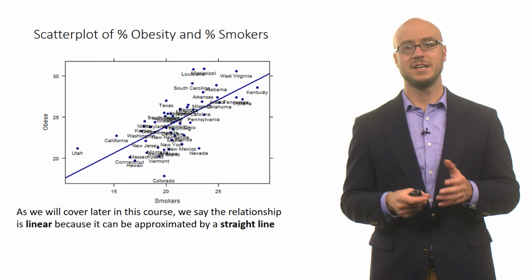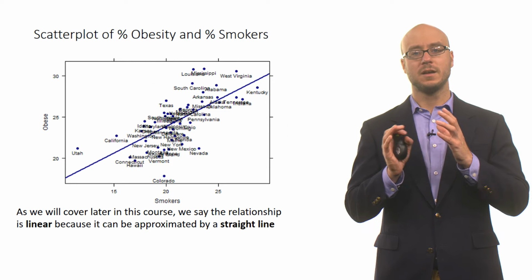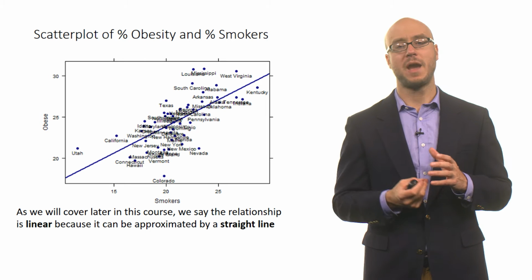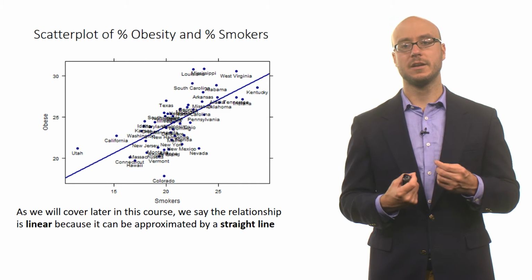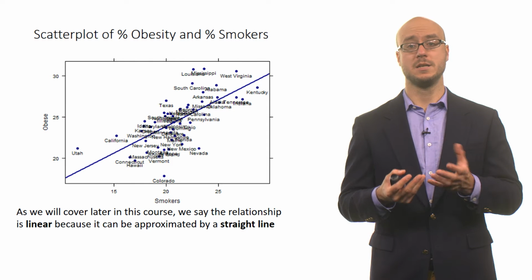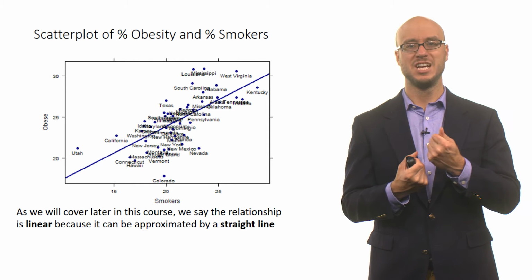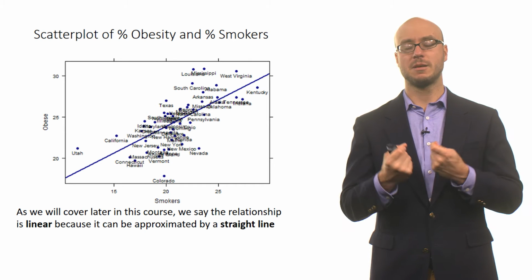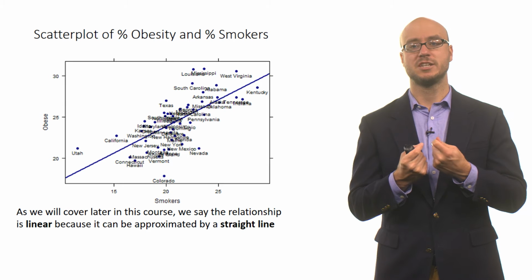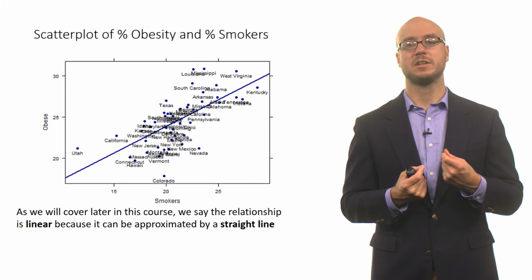You can almost imagine that in a rough way, you can approximate this pattern with a straight line. That's what we mean by linear. Linear is related to the word line and just suggests that there's some kind of straight line relationship. Even if you're not fitting a straight line, there's something in the pattern of data that suggests a straight line relationship.